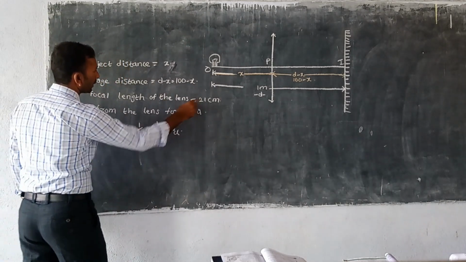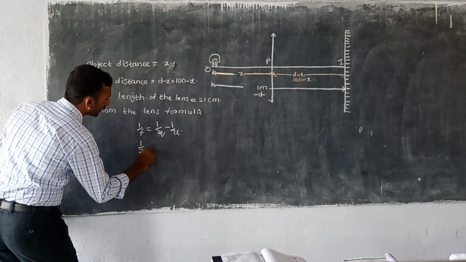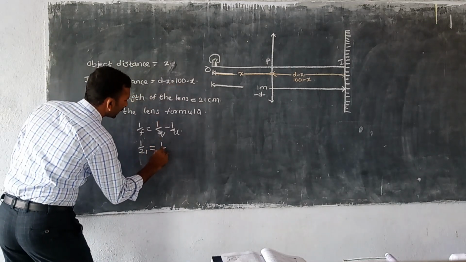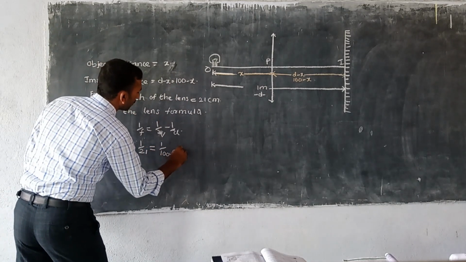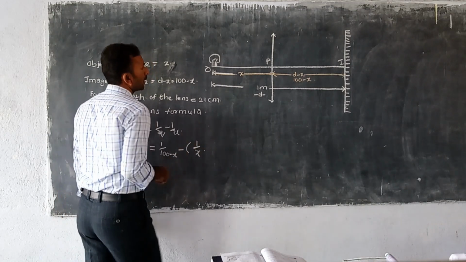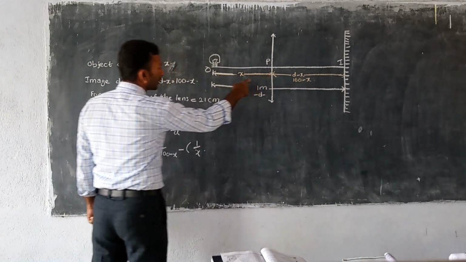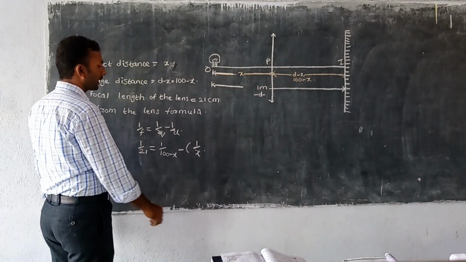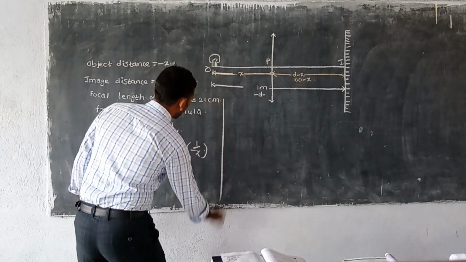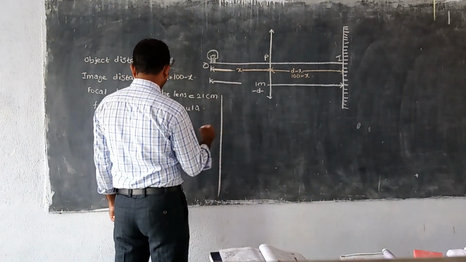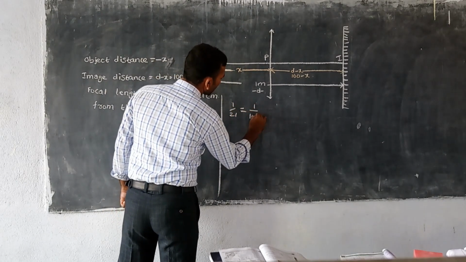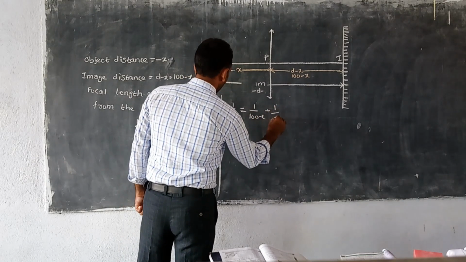Substitute the values: 1 by f is 1 by 21, equals 1 by v, which is the image distance, 1 by 100 minus x, minus 1 by u. The object distance is measured opposite to the light ray direction, so u is minus x. Simplify this equation: 1 by 21 equals 1 by 100 minus x plus 1 by x.